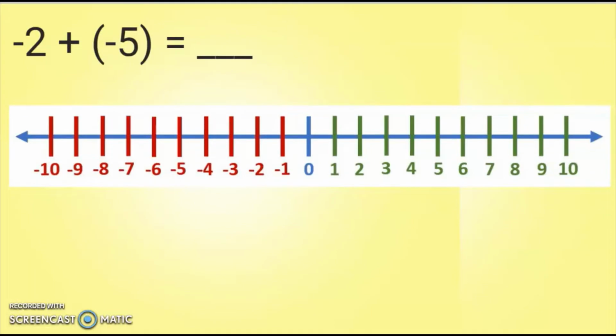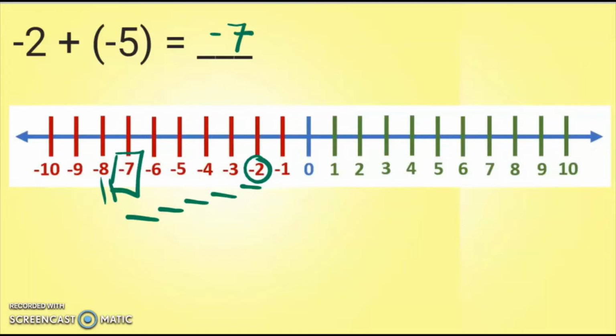And then, for this negative 2 plus negative 5, we have negative 2 and 5 steps to the left. 1, 2, 3, 4, 5. We land on negative 7.